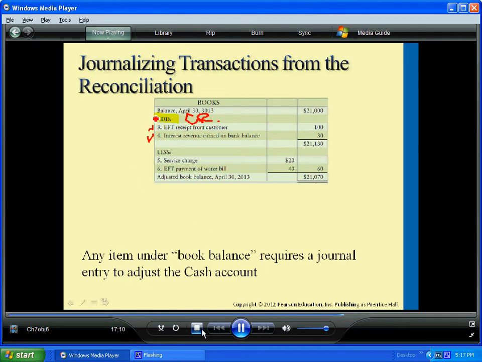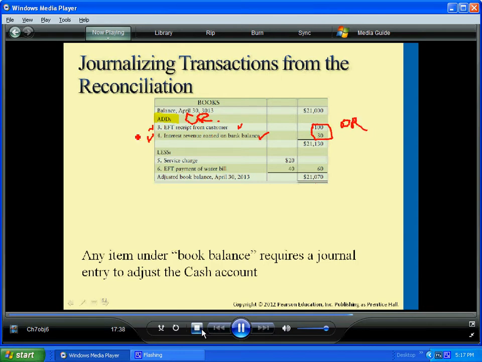I'm going to credit accounts receivable because this comes from a customer, and I'm going to credit interest revenue because we earned that on our bank account. So there's your debit, and then you're going to credit the accounts receivable and the interest revenue.